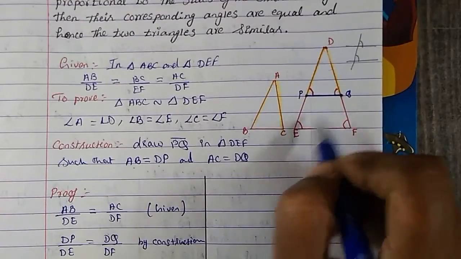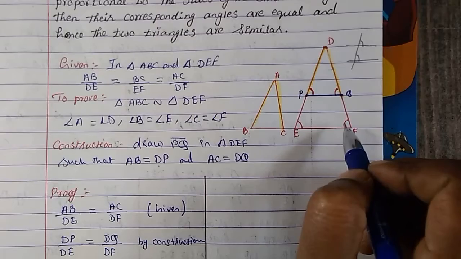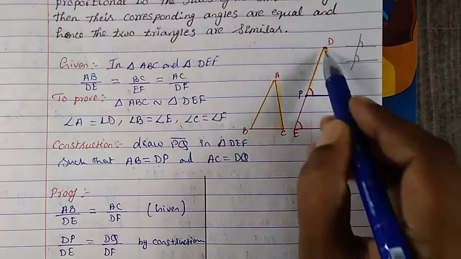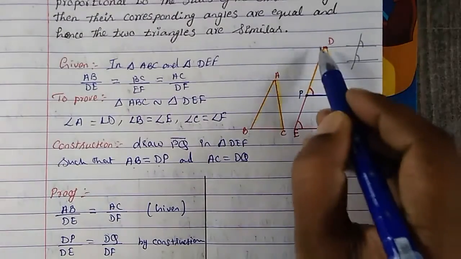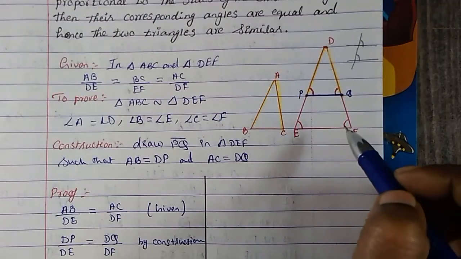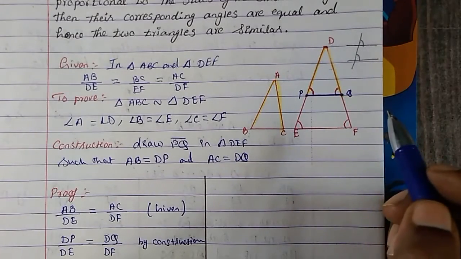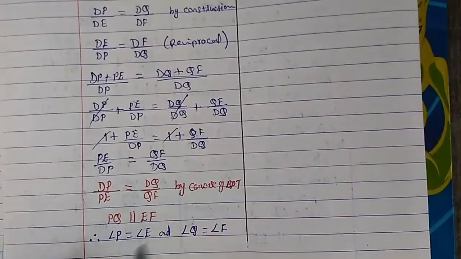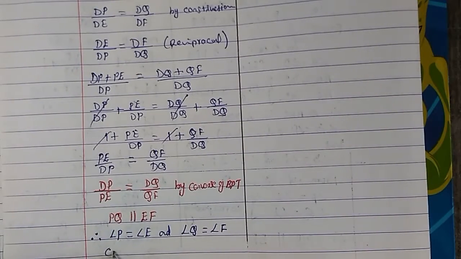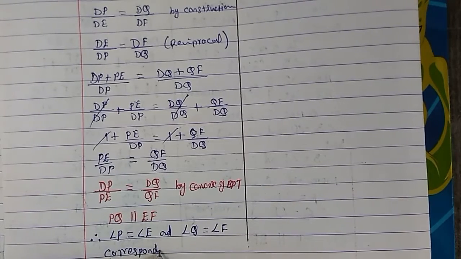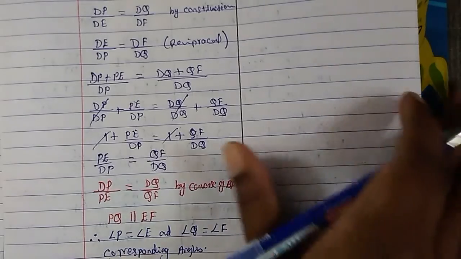If they are corresponding angles, now can we say by the angle criteria that this small triangle and this big triangle become similar? Because they are corresponding angles, you can write why they are equal.